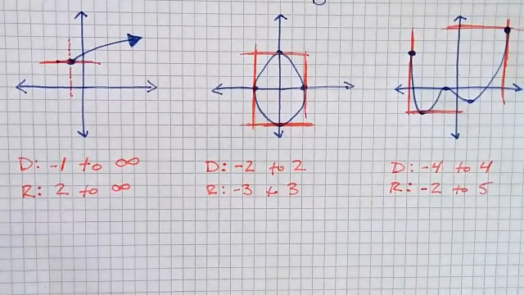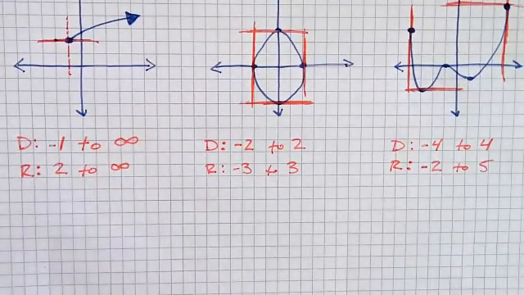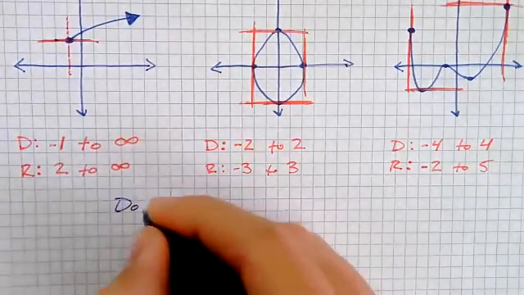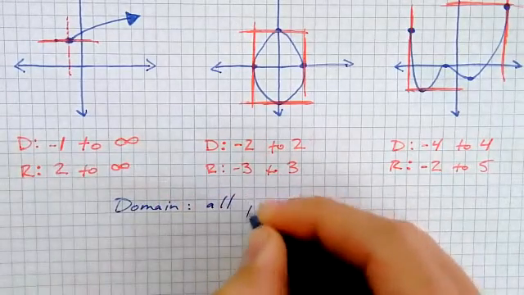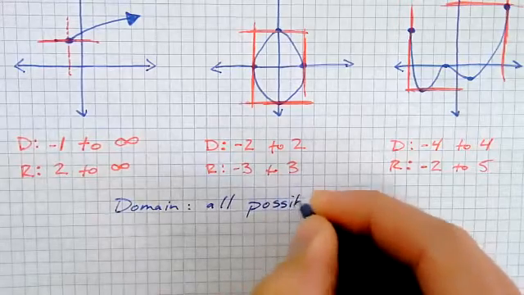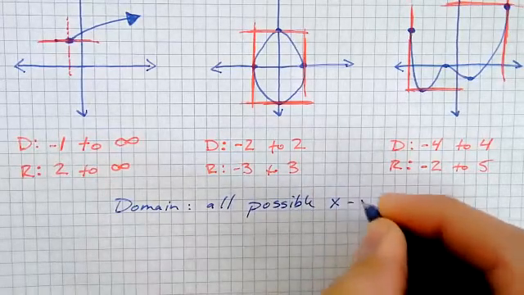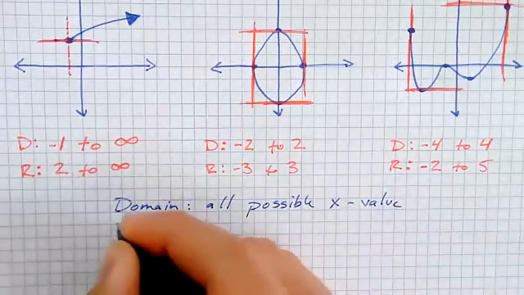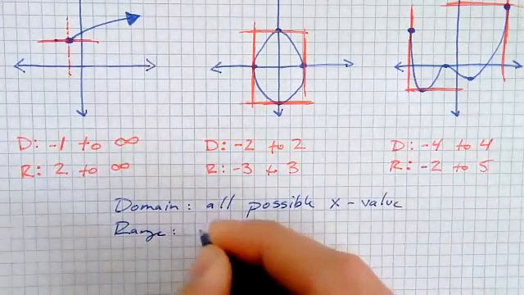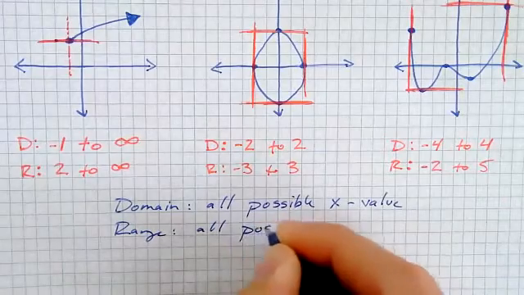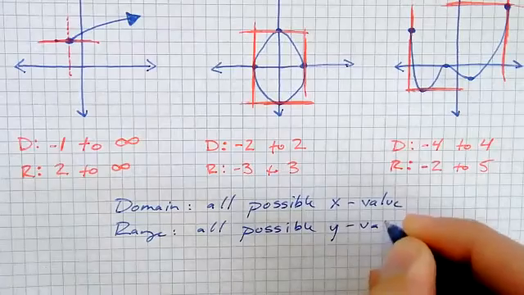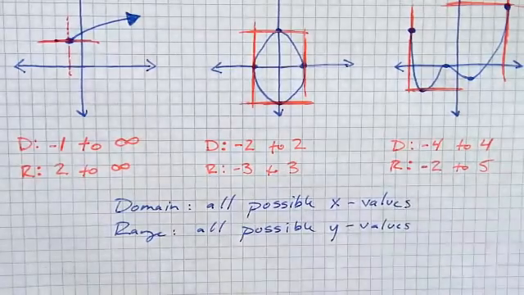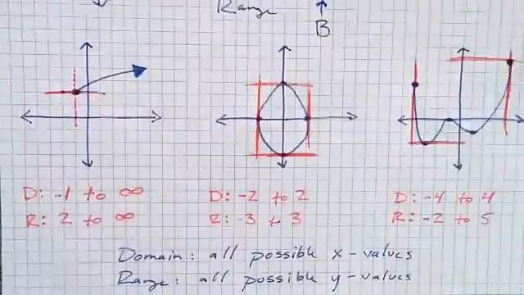All right. So again, what the domain is giving us is all possible x values. And the range is giving us all of our possible y values.